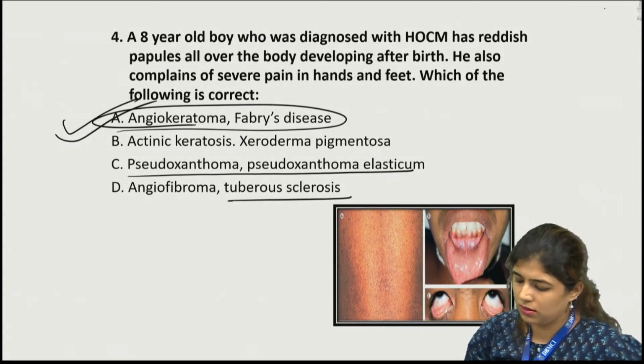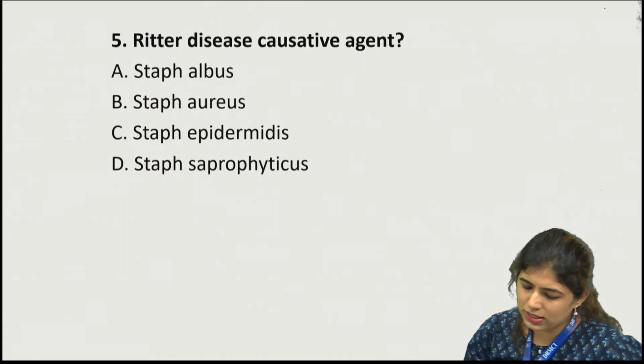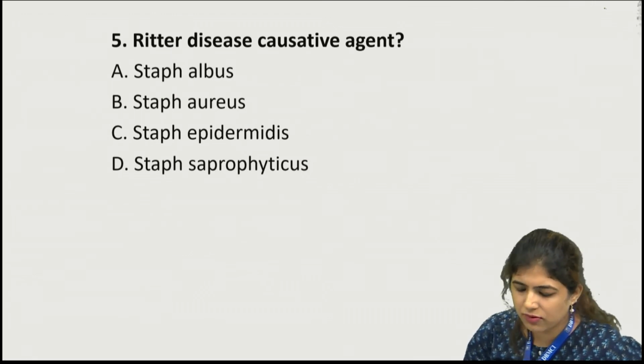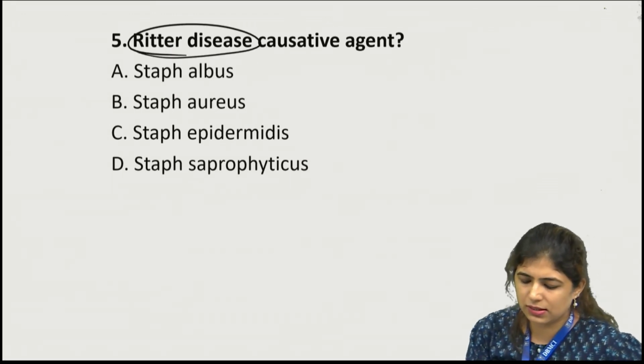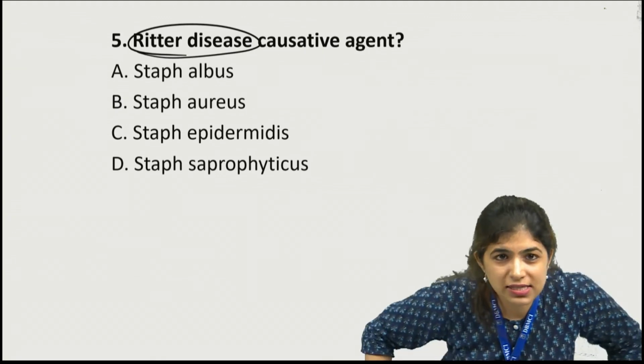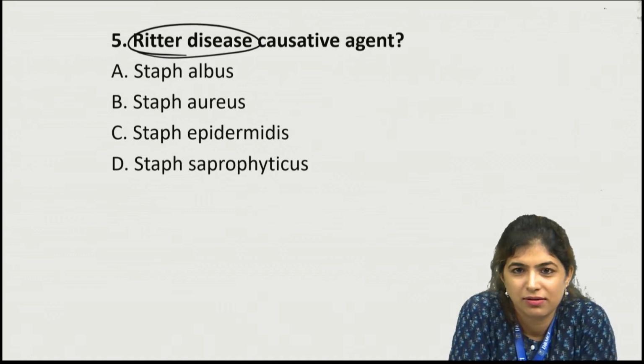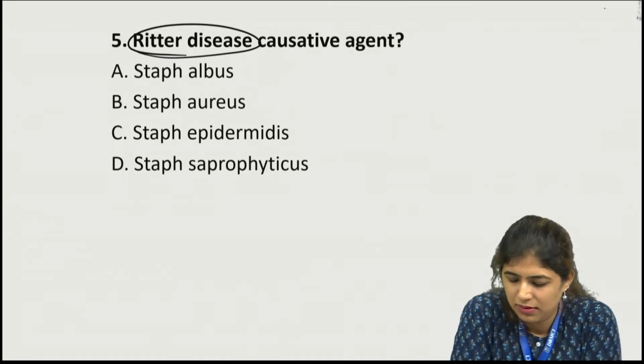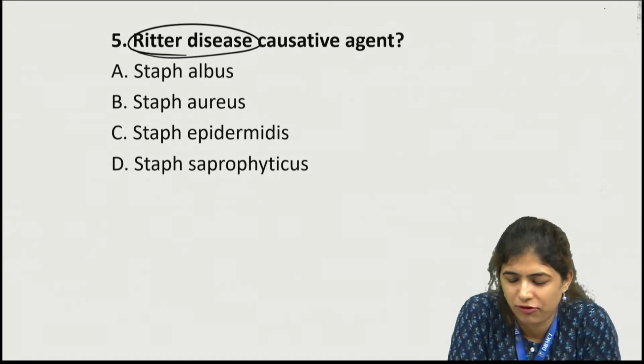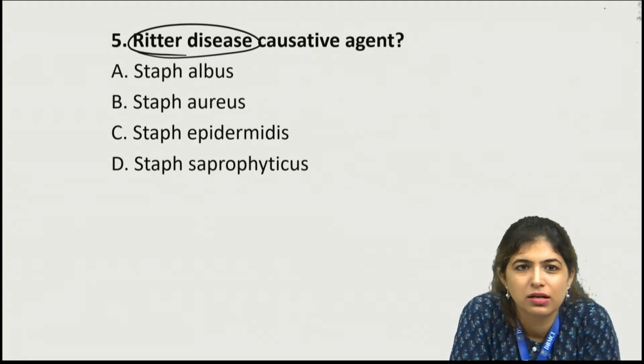Clear to everyone? Moving on to the next question, question number 5, Ritter's disease. They have asked a synonym. You may know if I ask you from the actual term. Ritter's is another name for it. So that makes it slightly difficult.